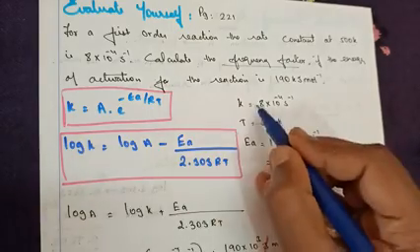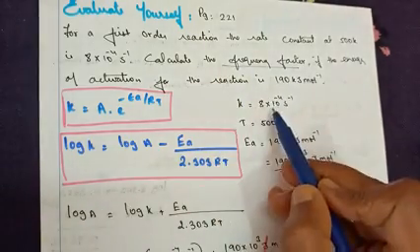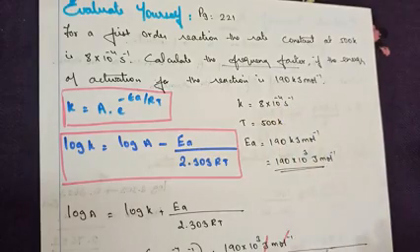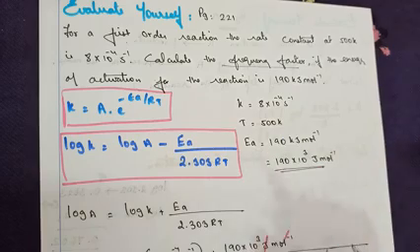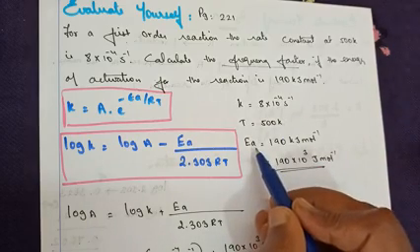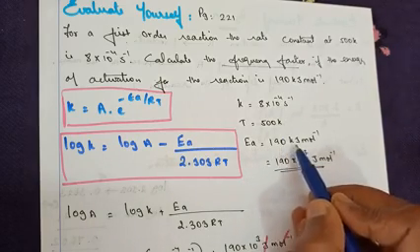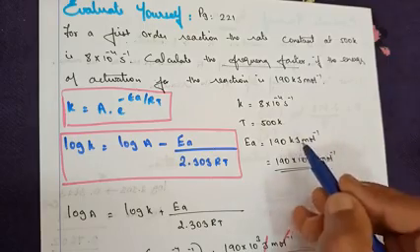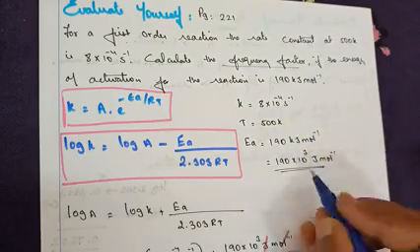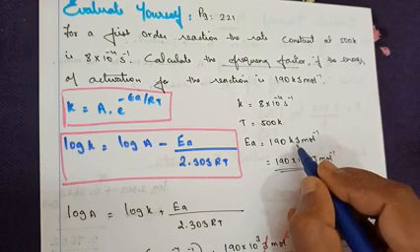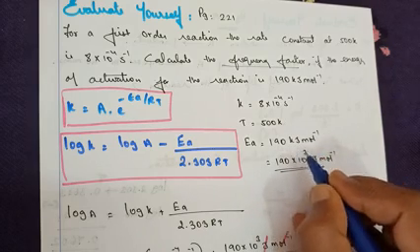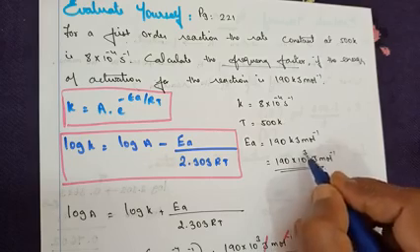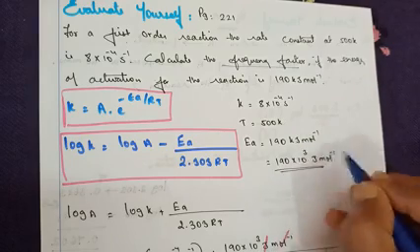As you know, K value is given in the question, 8 into 10 to the power minus 4 second inverse. Temperature is 500 Kelvin. EA, that is activation energy, is 190 kilojoules per mole. This kilo can be converted, so 190 into 10 to the power 3 joules per mole.